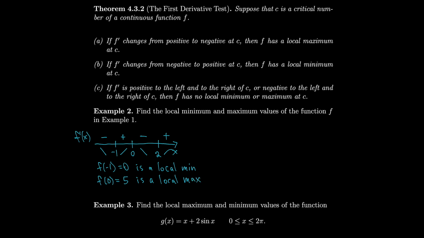Remember, when we plug back in, we're plugging into the original function. We only use the derivative to see where the original function will have a local maximum. We don't look at the extreme values of the derivative. Lastly, we could see that it's going down and then up at 2. So f of 2 is equal to minus 27, and that is a local minimum.